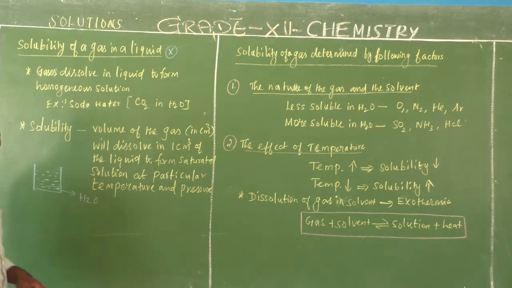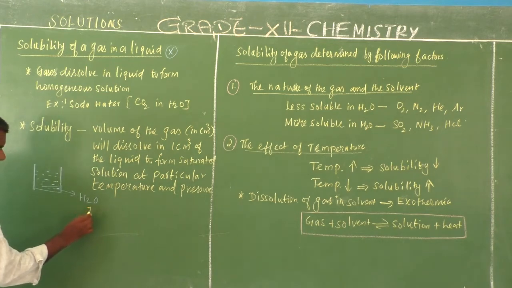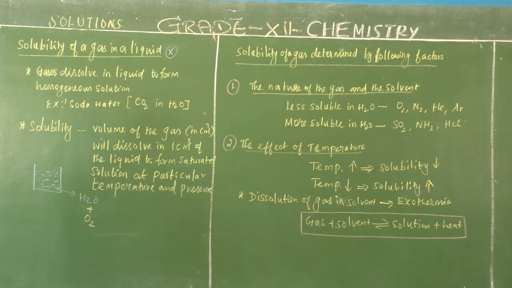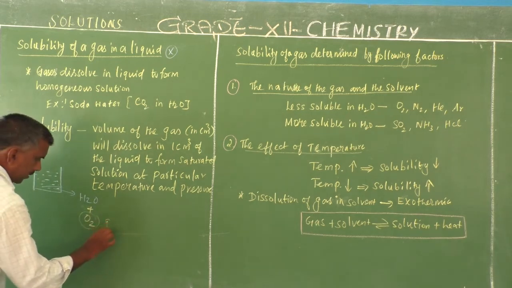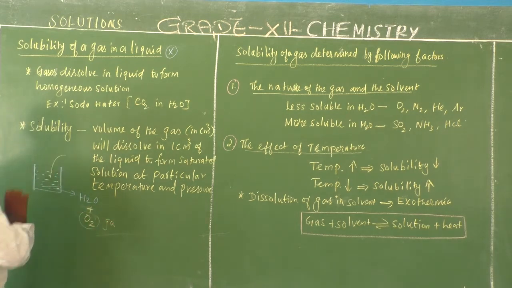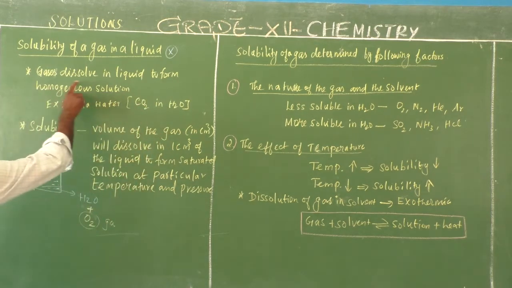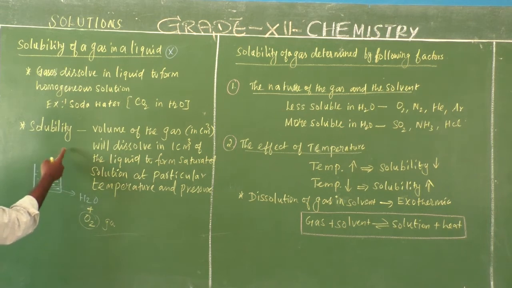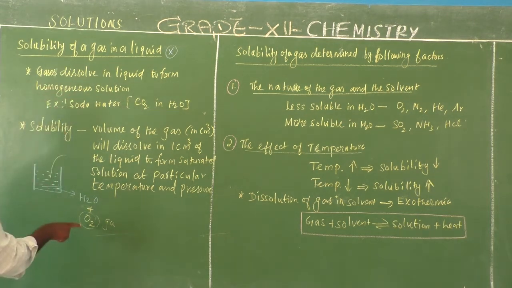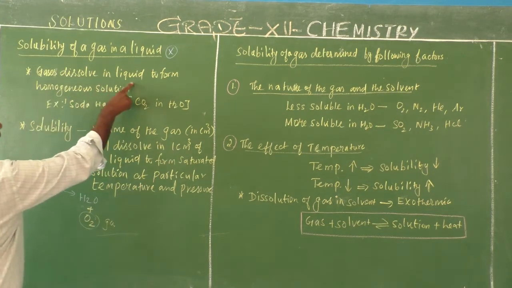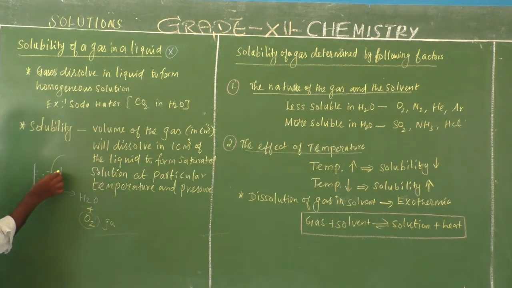This ordinary water contains dissolved oxygen. Here, the gas is oxygen, already dissolved in water, which is a liquid. The gas dissolves in the liquid to form a homogeneous solution.